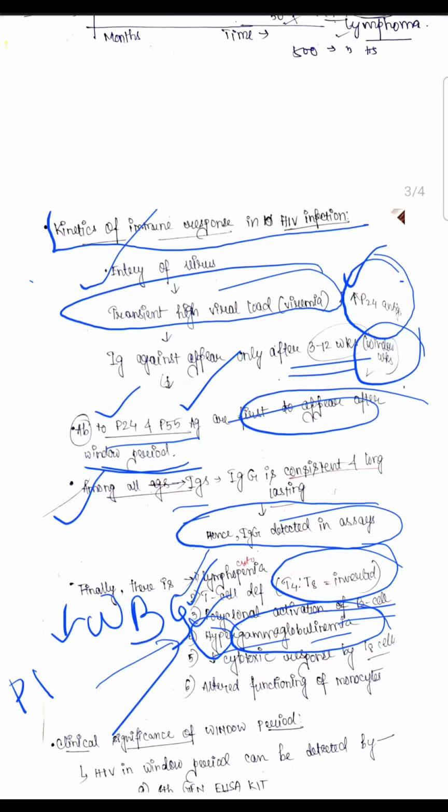Okay. Now we next have cytotoxic response by T8 cells. Why cytotoxic response by T8 cells? T8 cells are called the killer T cells. This killer T cell shows the cytotoxic response by killing the viral particles directly. So we call it the cytotoxic response. Next we see altered functioning of monocytes.